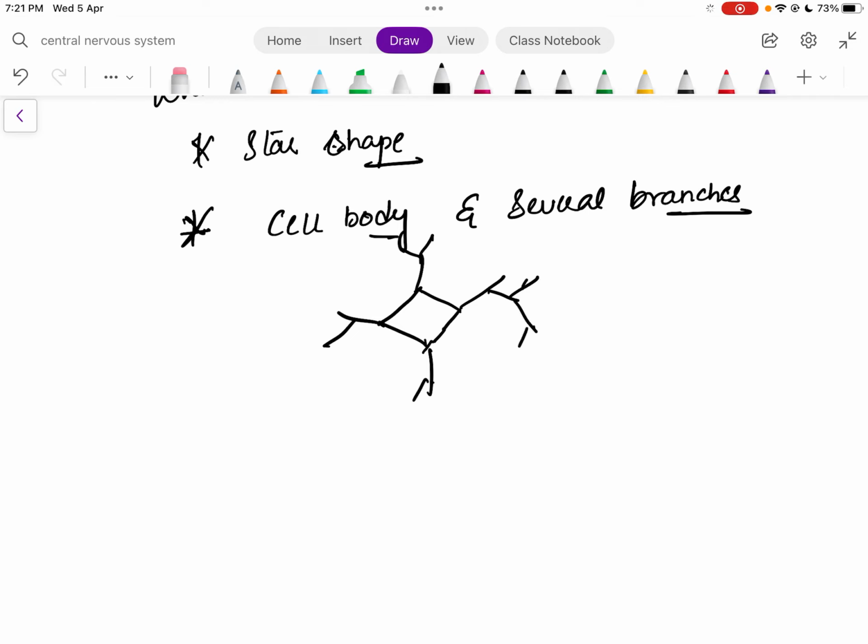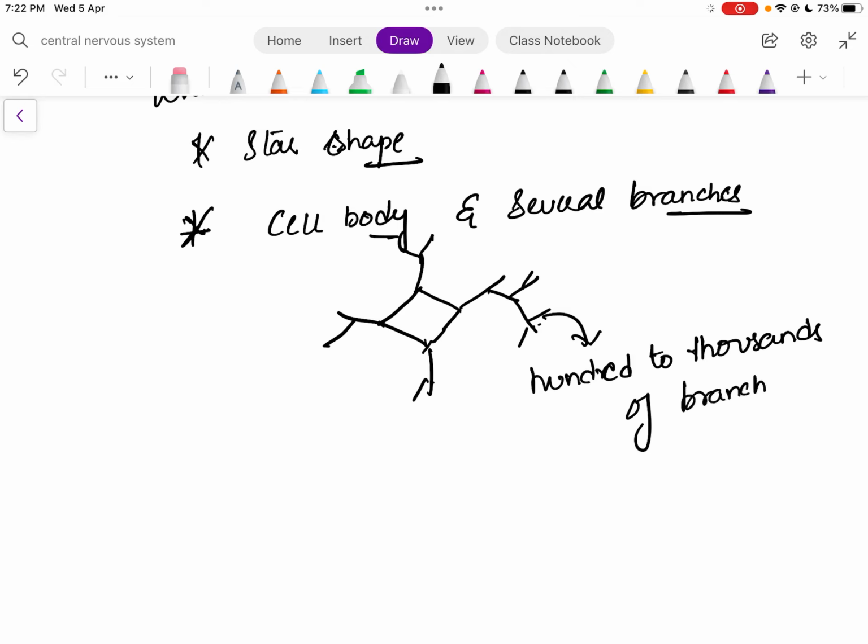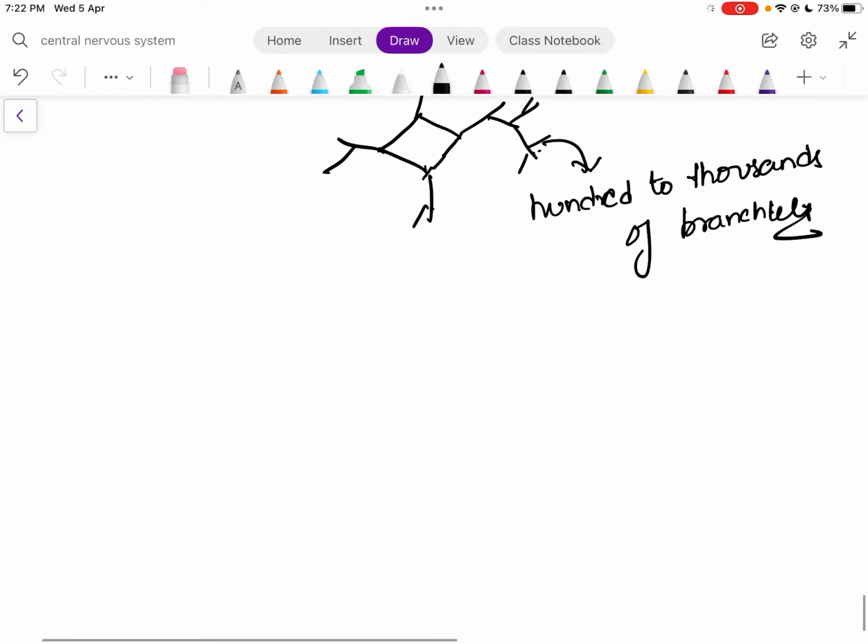And these main branches will give rise to hundreds to thousands of branchlets. What is the function of astrocytes?